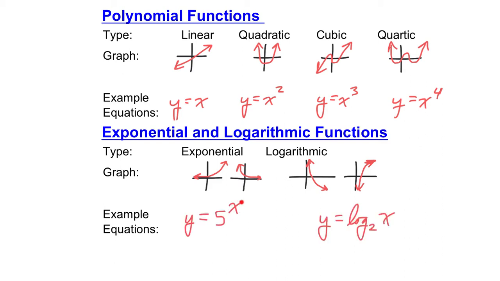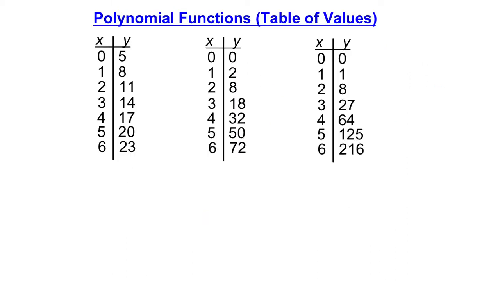Well, an exponential function has x in the exponent. A logarithmic function has a logarithm in the equation, so that's how you can tell the difference between those two. So you can tell the difference between functions by looking at their equations, looking at their graphs, looking at the degree in the equation and how the equation's set up.